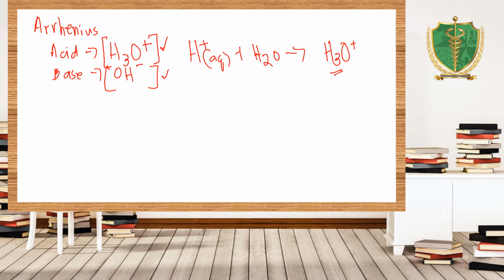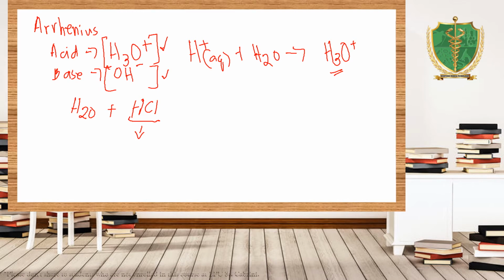Let's say for example, we have here our water plus hydrochloric acid. So as we all know, hydrochloric acid is an acid, from the word itself. And hydrochloric acid is an example of an ionic bond.